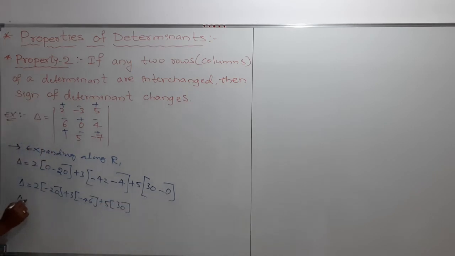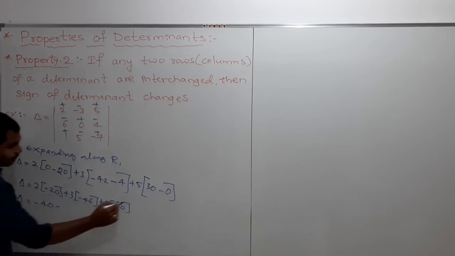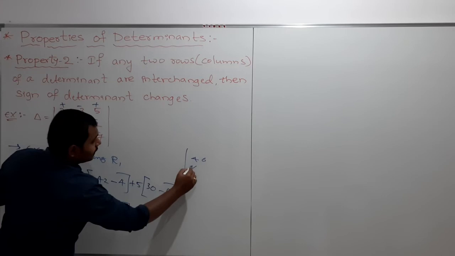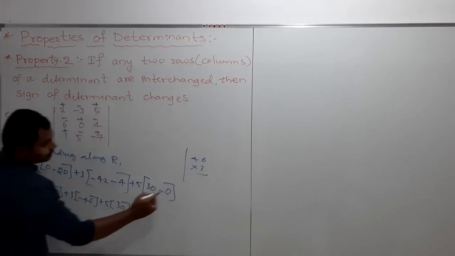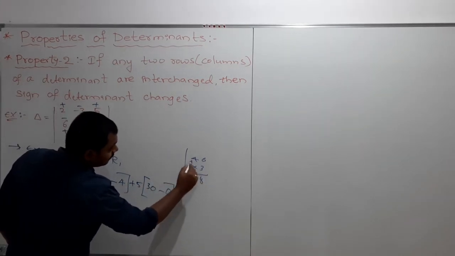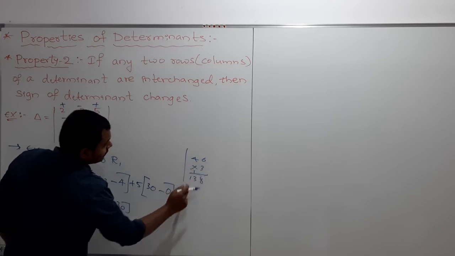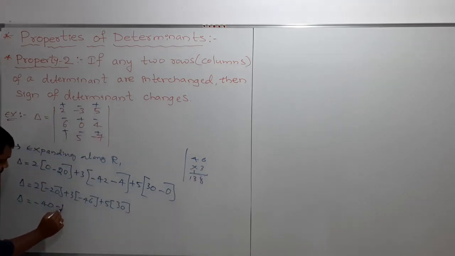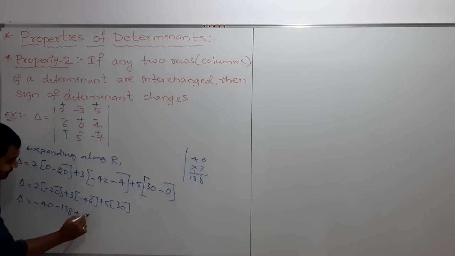This is equal to minus 40 plus 3 into minus 46. 46 into 3: 3 sixes are 18, 3 fours are 12, plus 1 is 138, plus 5 into 30 is 150.